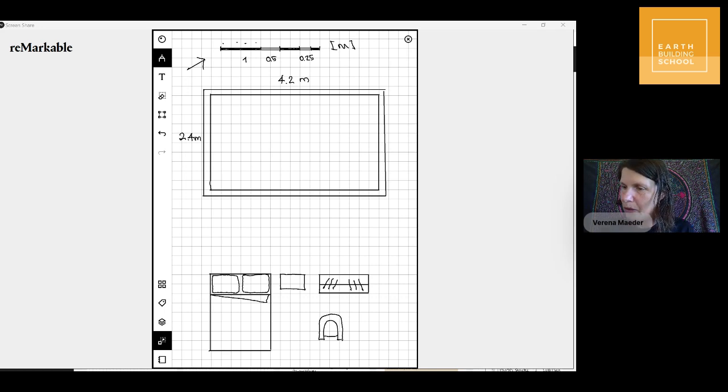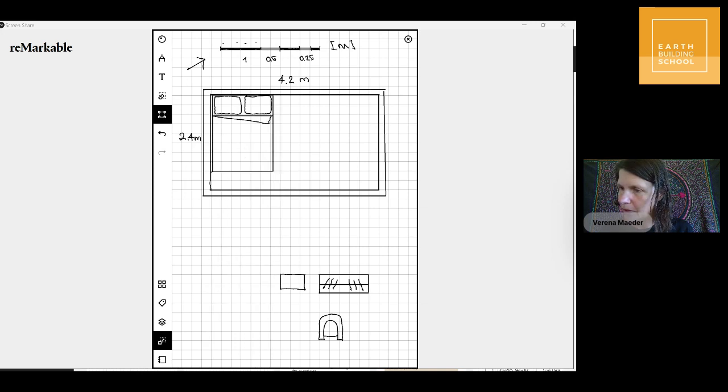I will simulate this because I can just grab them and then shift them. So I'm just going to show you what happens in our own little cabin. So I'm shifting this, the little bedside table is here, the closet is here.